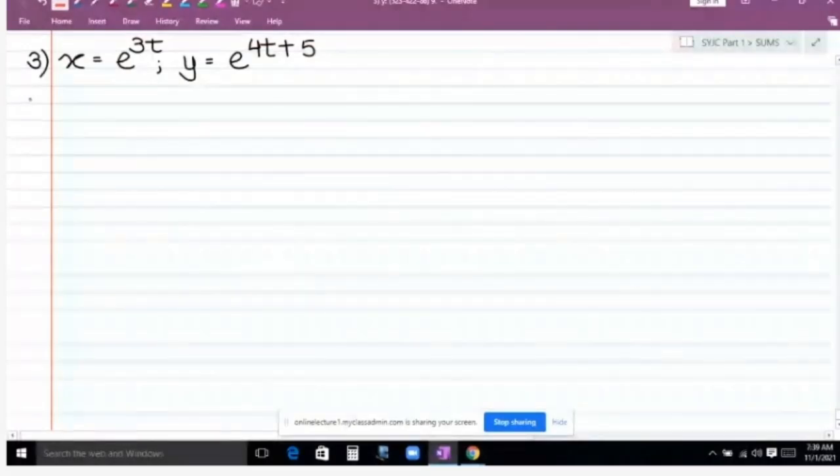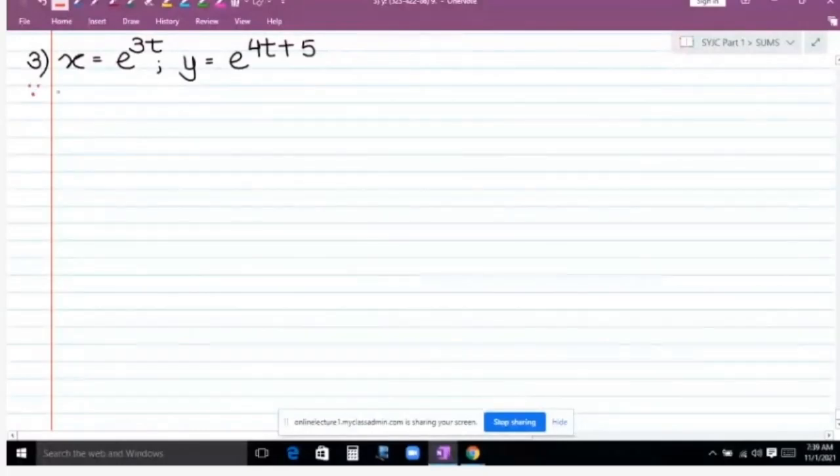You can start solving your sum as well. Since x is equal to e raised to 3t, next step, differentiating x with respect to t.